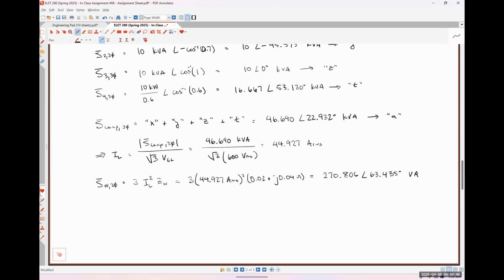So this one is not in kilovolt amperes. I'm going to store this in my calculator as B. And so the complex power supplied by my voltage source is just what I have stored in my calculator as A, that was all the loads added together, plus what I have stored in my calculator as B.